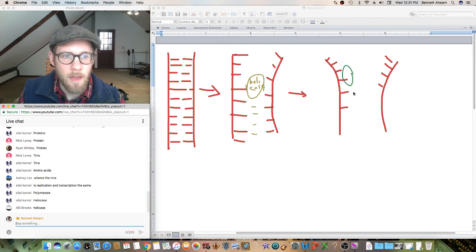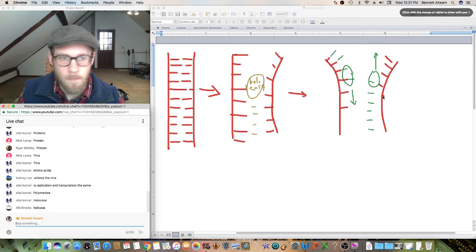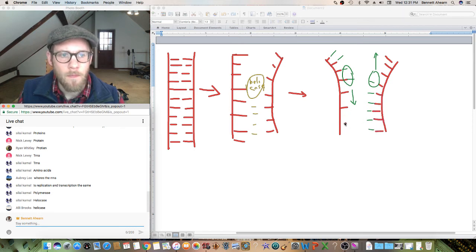This guy's going this way. Remember, because DNA is anti-parallel. And this guy's going this way. And he's adding new bases onto the old bases, right? What are these green guys called? Helicase unzipped it.